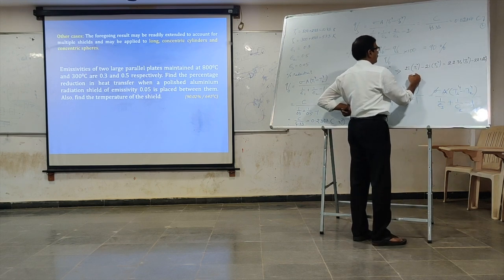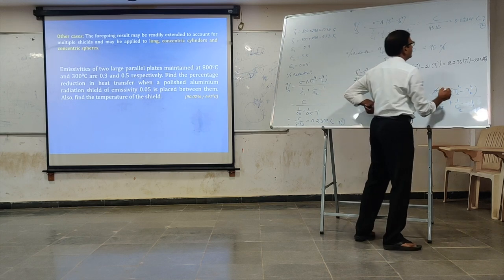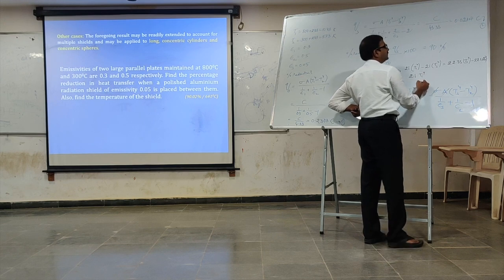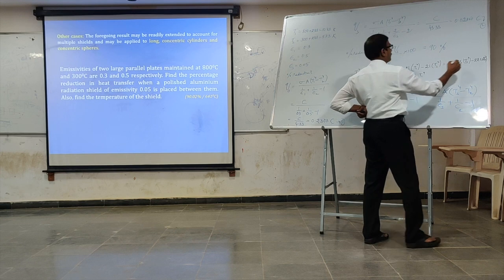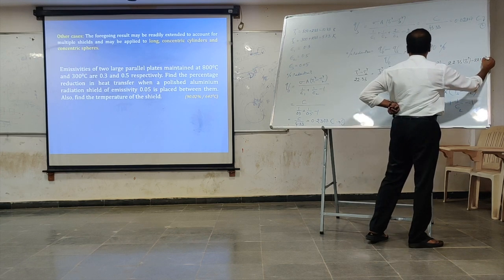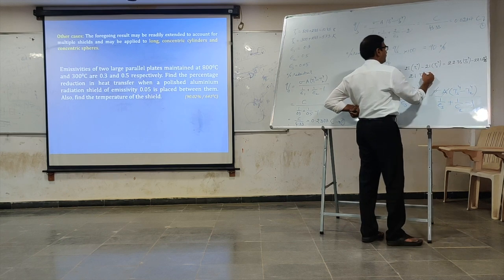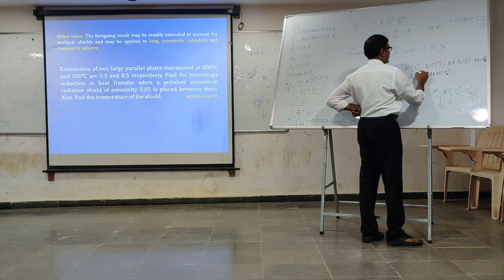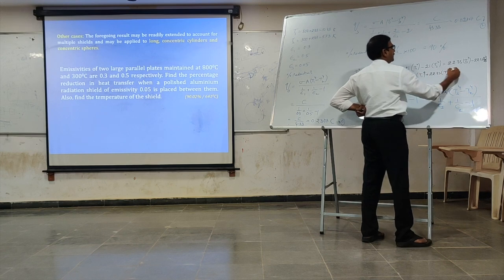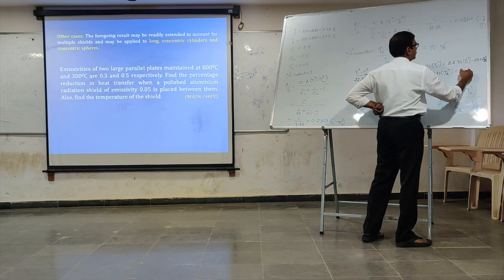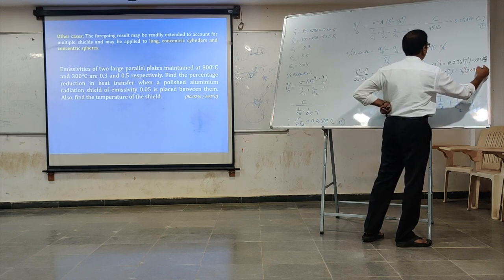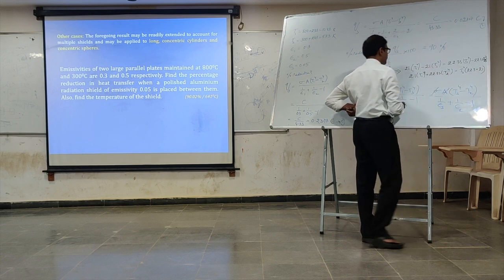Now 21 into T1 to the power of 4 plus 22.33 into T2 to the power of 4 is equal to Ts to the power of 4 into 22.33 plus 21.